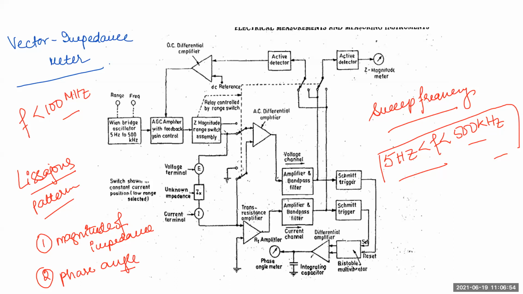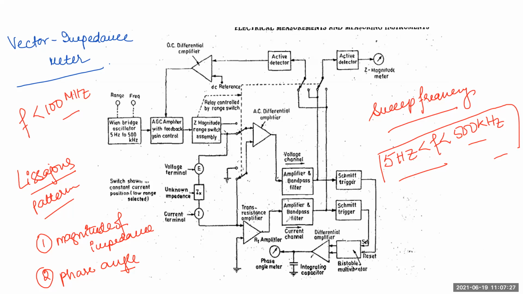The magnitude of impedance that we need to measure is found by measuring the current flowing through the unknown component when we know what voltage is applied across it, and the phase angle is determined by finding the phase difference between the voltage across the component and the current through the component. So voltage and current play a very important role here.